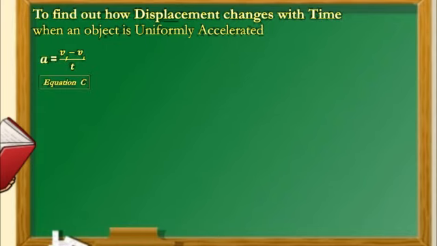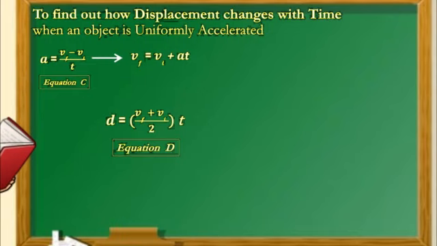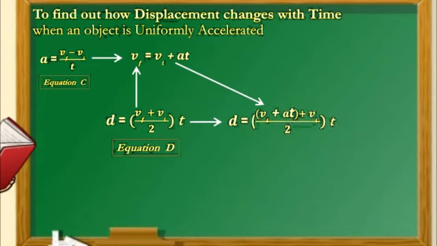Rearrange equation C to arrive at v sub f is equal to v sub i plus a times t. And substituting the v sub f in equation D, we will get d is equal to the quantity v sub i plus a times t plus v sub i all over 2 times t.